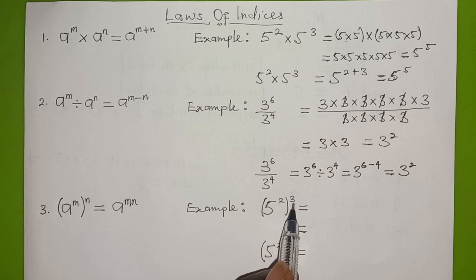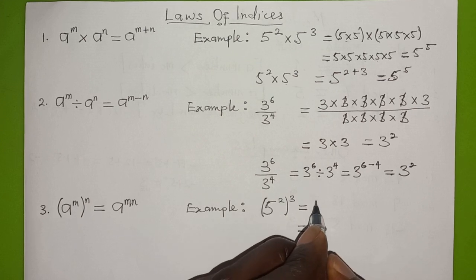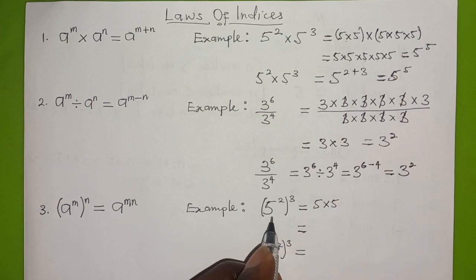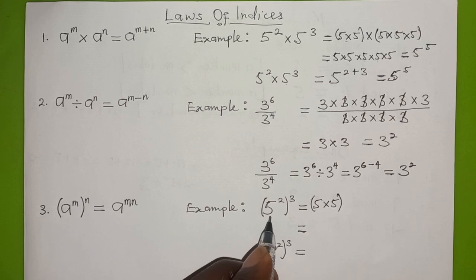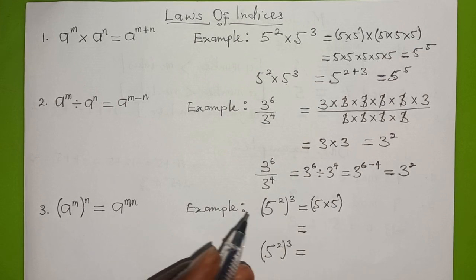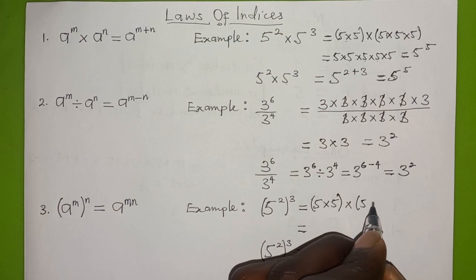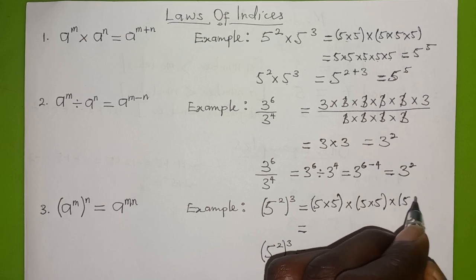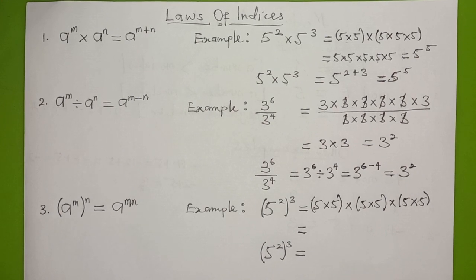multiplied by 3, what this means is that our 5 by 5 is what we have in a bracket, which is 5 raised to the power 2. It means that we need to express the 5 raised to the power 2 three times. So this will become 5 by 5, 5 by 5. That is the basic understanding.